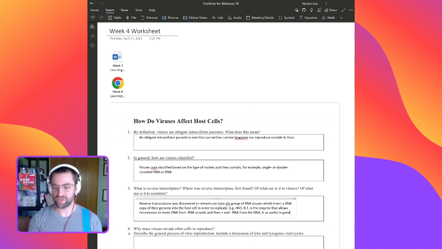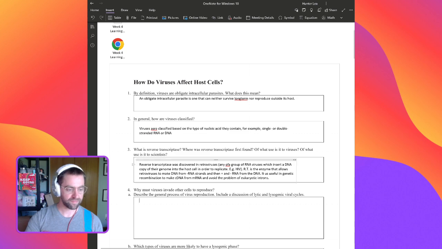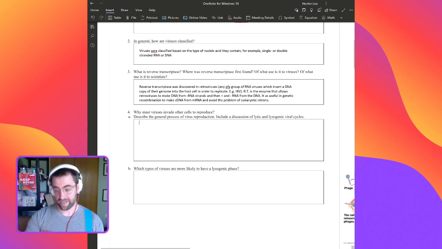So if it spliced itself into a eukaryotic intron, it wouldn't get expressed. This enzyme sort of bypasses that consequence, is my understanding of it.